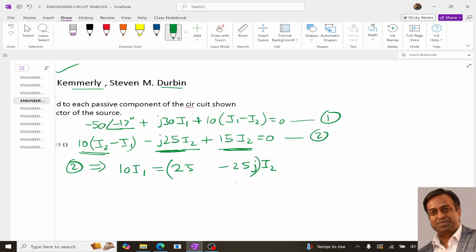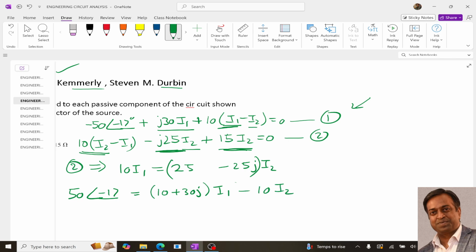Now substituting the second equation into equation 1. Bringing this to the left-hand side, 50 angle minus 17 degrees equals, with I1 terms together, (10 plus j30) I1 minus 10 I2.